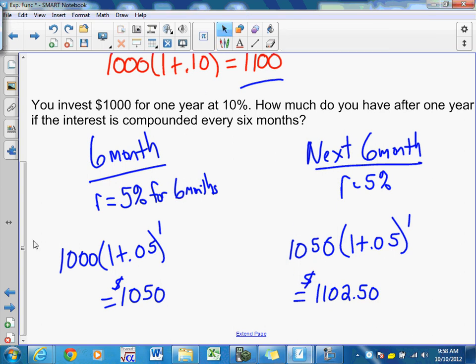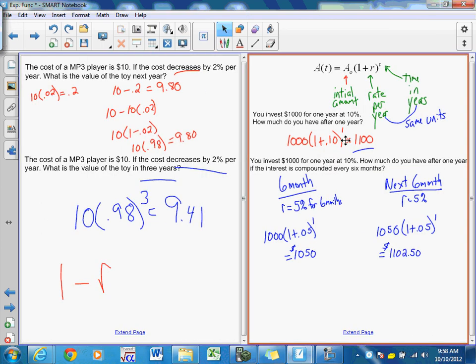Why do I get more in this example than I did in the top example? Up here I only got 1,100. Now I got $1,102.50. Now it's not a lot, but let's say instead of 1,000 it's 1,000,000 and move the decimal point over, it'd be a few more dollars.